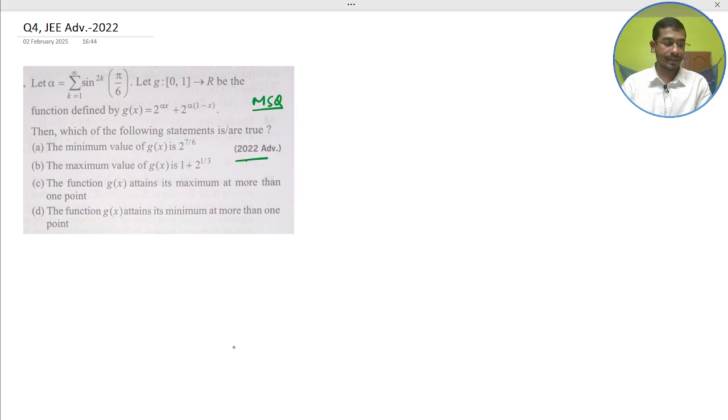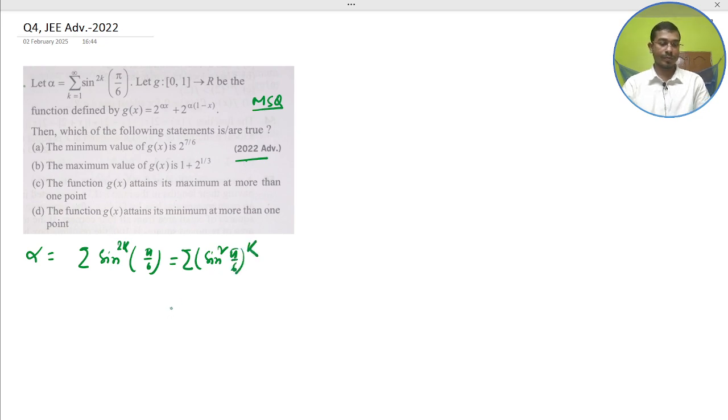So here is given that, so you have to check out the 4 options first. So alpha is equal to summation sin x, x means pi by 6 and sin to the power 2k, that is equal to summation, so sin square pi by 6 to the power k, correct.